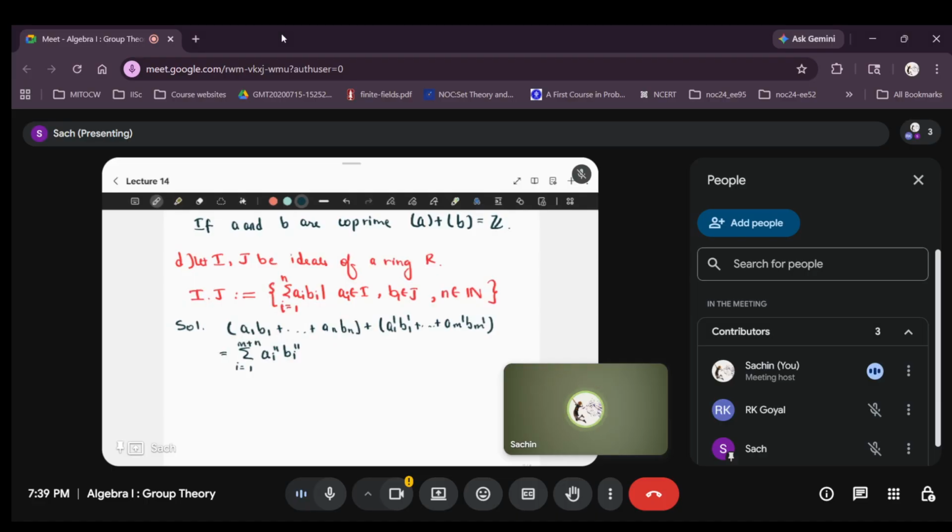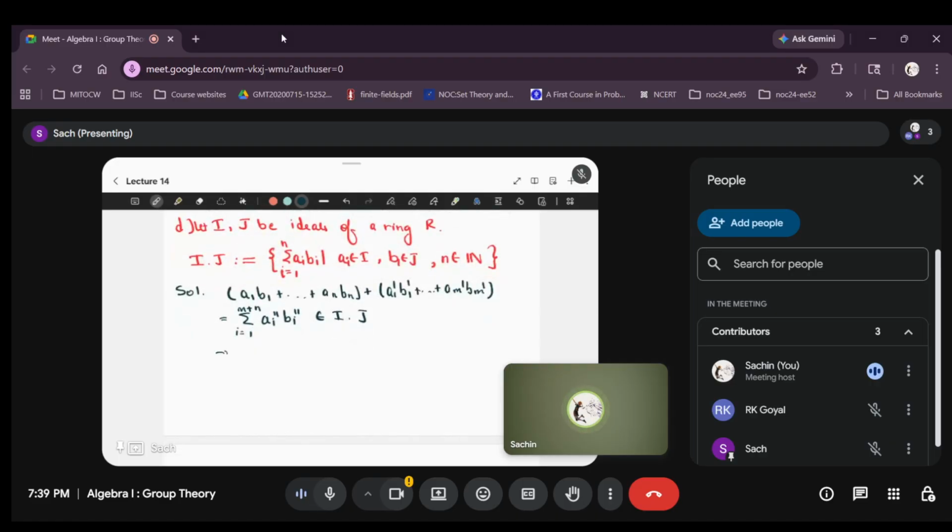That's all. It's very trivial, because we are allowing the addition of any number of terms of the form AB, where A is in I and B is in J. So if we add n such terms to m such terms, you will simply have m plus n terms of that form. So this will be closed under addition, and then minus A1 B1 minus A2 B2.